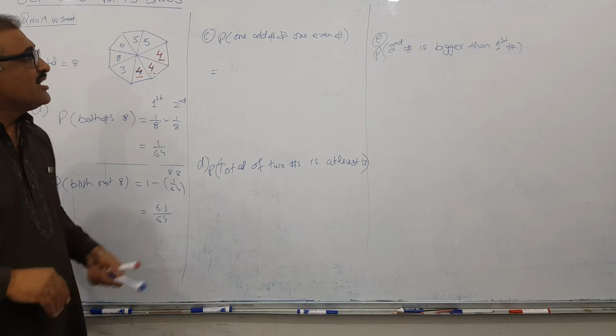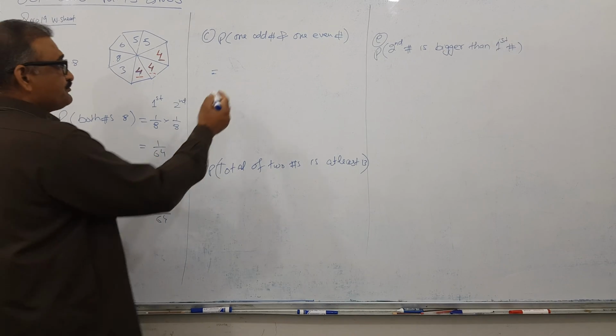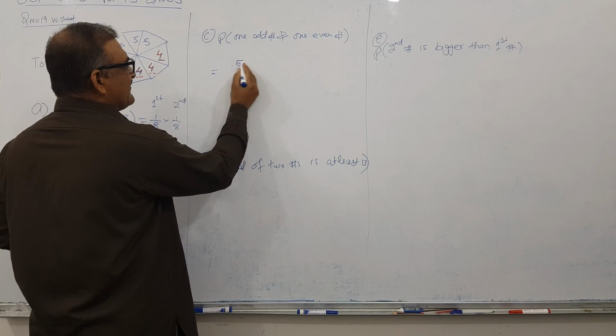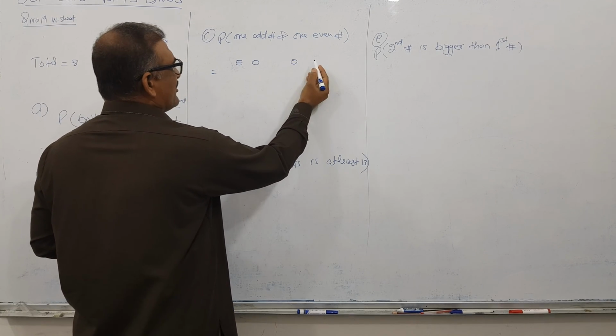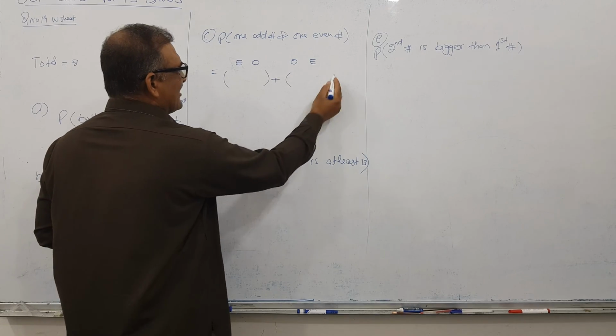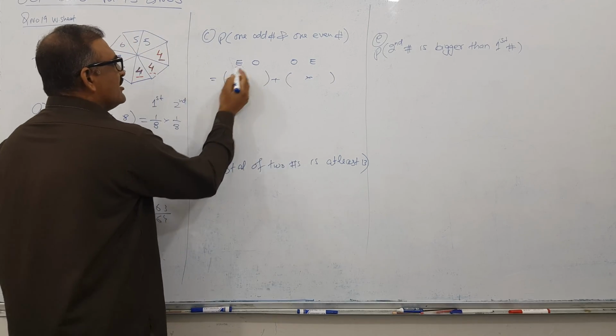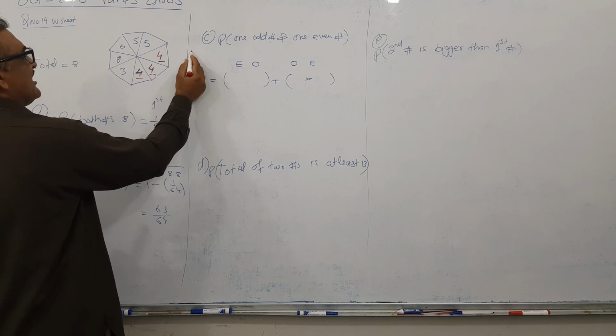Okay, come back. One number even and one number odd. We have 2 options. First number lands on even, second number lands on odd, or first number lands on odd and second number lands on even. So let's talk about how we can get this answer. Look here, even numbers. Let me make a plan like this. How many even numbers?